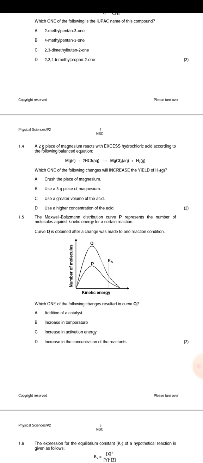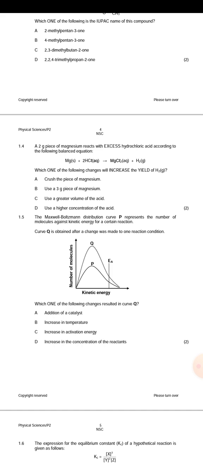So A is out. B, use a 3-gram piece of magnesium. There we had 2, here 3. B sounds right so far. C, use a greater volume of acid. Okay, now volume, pressure, that could have applied, but in this case, this is not a gas.